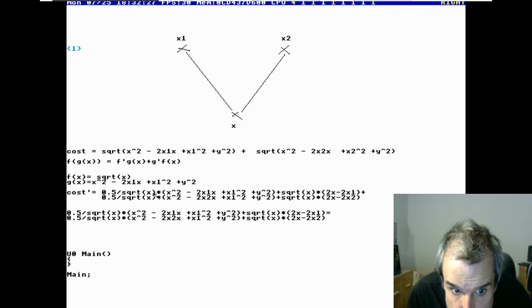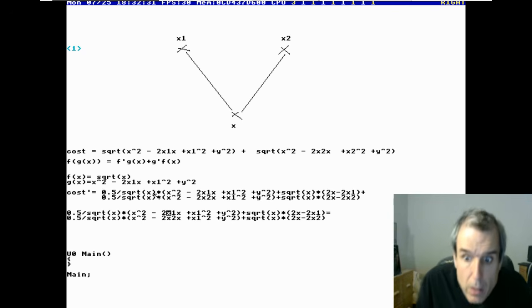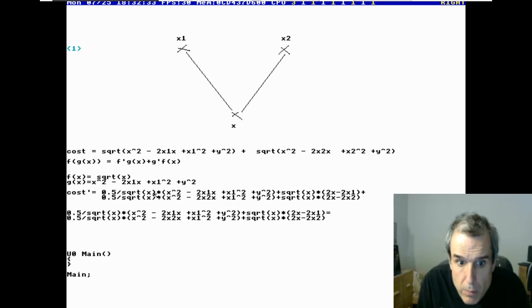Find the value of x such that this is true. Oh, this is one of those problems. 0 is a solution probably. No, we don't want 0. Square root x blows up.